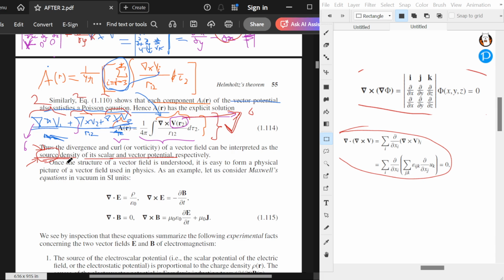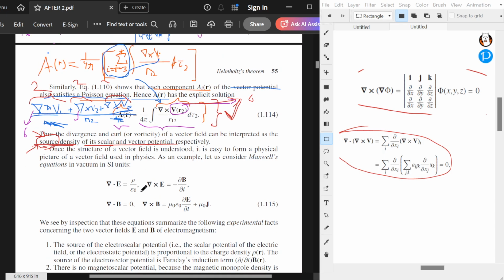Once the structure of a vector field is understood, it is easy to form a physical picture of a vector field used in physics. Let us consider Maxwell's equations in vacuum in SI units.